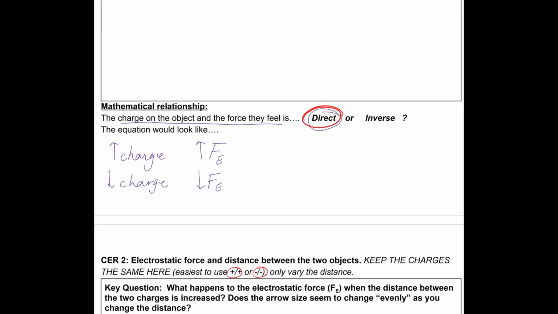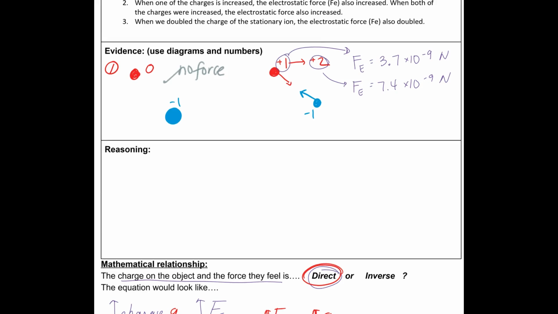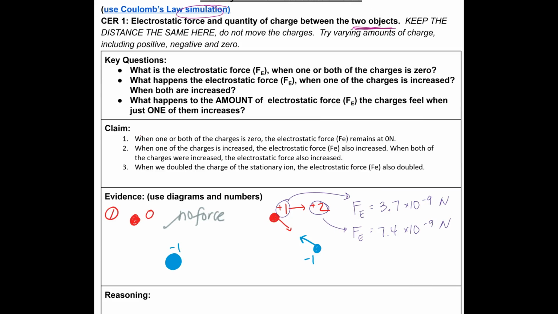And I'm tired of writing charge over and over again, so we're going to call it what it is, which is Q. And charge over here is Q. So if I were to have FE on one side and Q on the other side, this would mean that when one increases, the other one increases. But we forgot an important point. An important point here is that there are two objects.